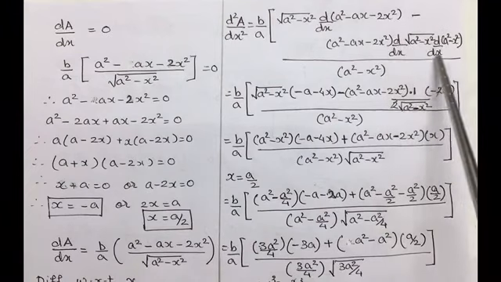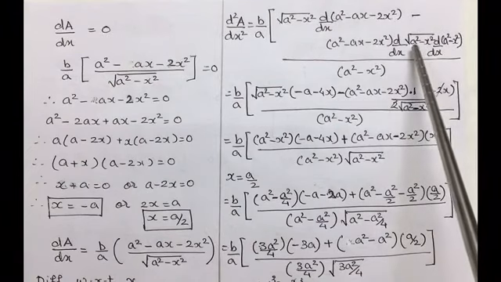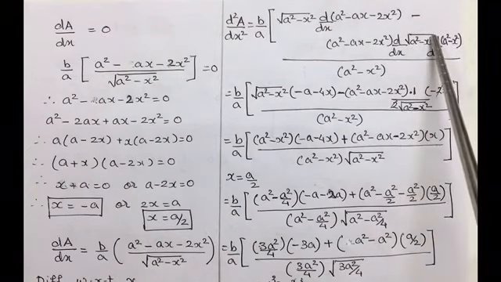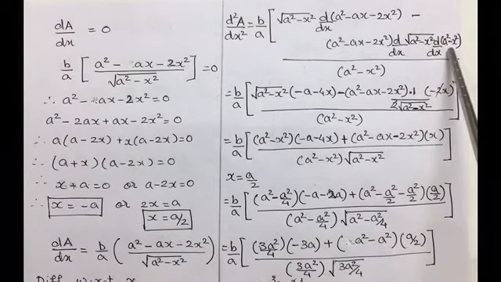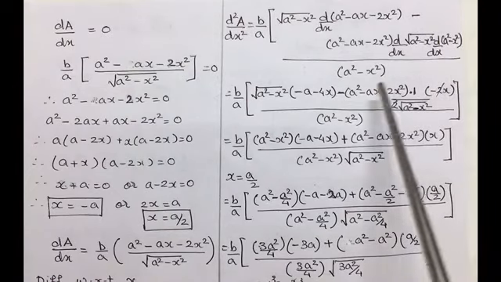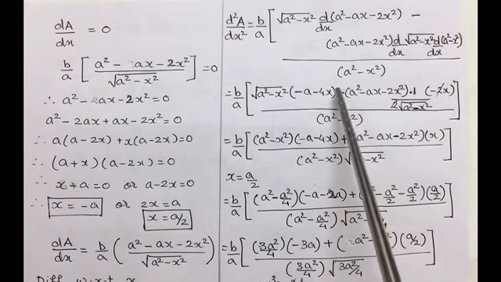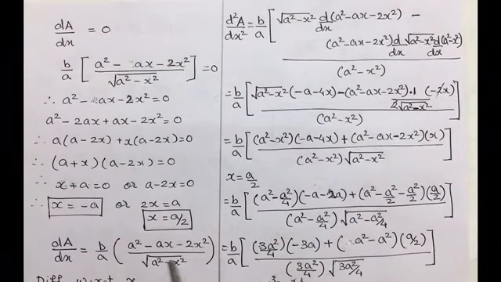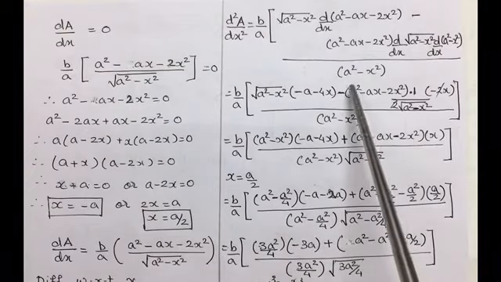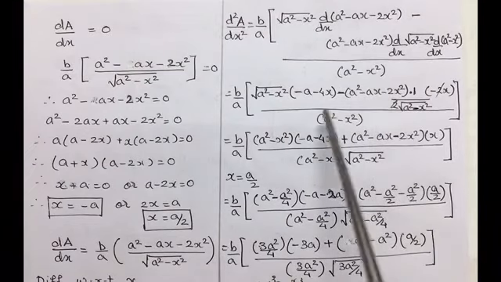Here we need to make use of the chain rule. Reason: the root is to be differentiated first and then a square minus x square, whole divided by squaring the root of a square minus x square, which gives us only a square minus x square.